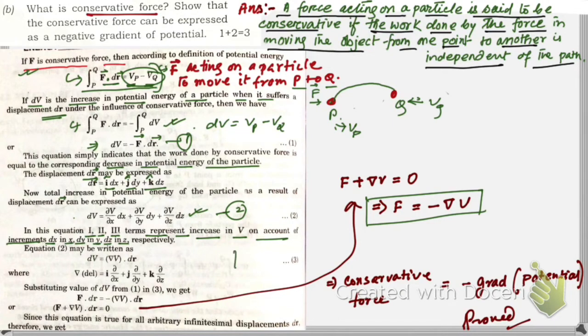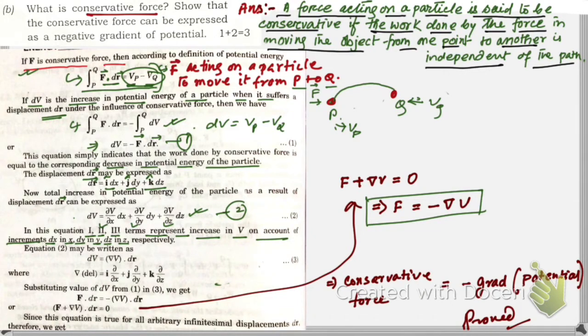So the increment along the x-axis is dx, along the y-axis is dy, along the z-axis is dz. Due to this increment, these three terms respectively represent the increase in V. That is what they are trying to say, right?